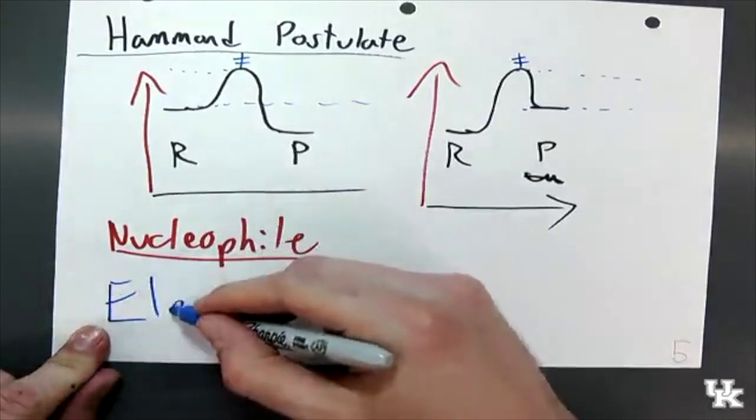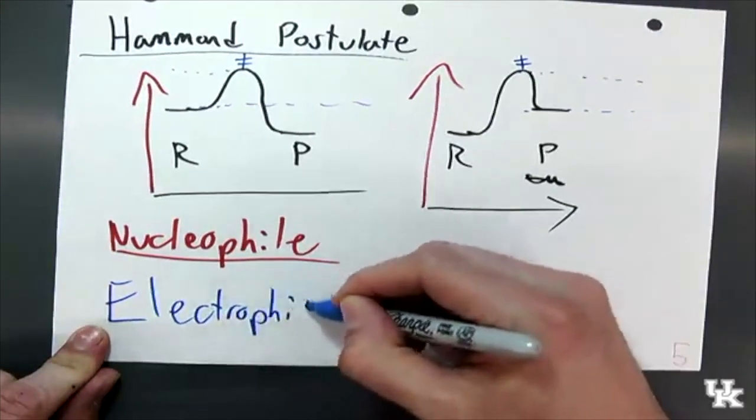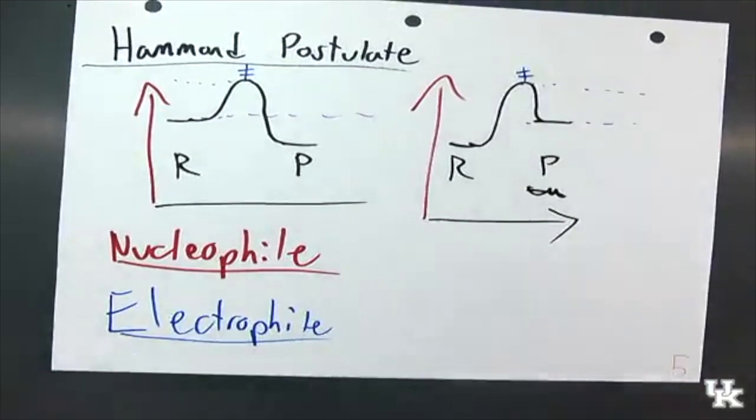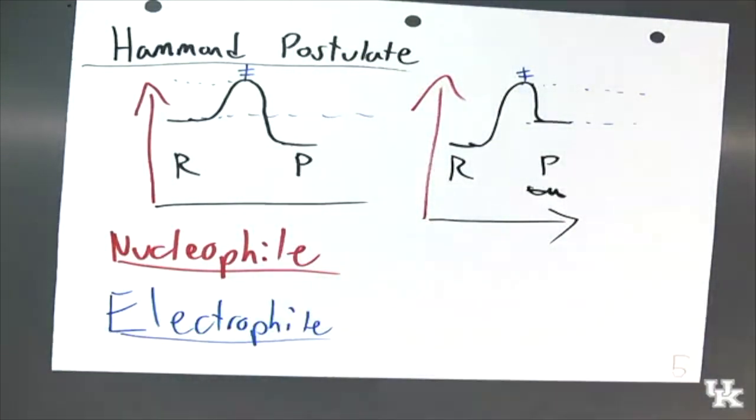Electrophiles are kind of like the exact opposite. They are either fully or partially positively charged, and they react with a nucleophile by accepting electron density. So nucleophiles give electron density, and electrophiles accept electron density. It's a lot like Lewis acids and Lewis bases.